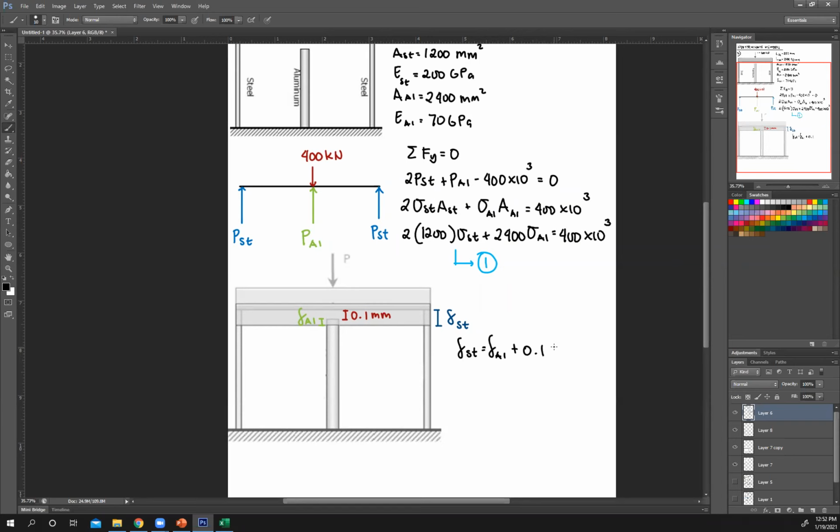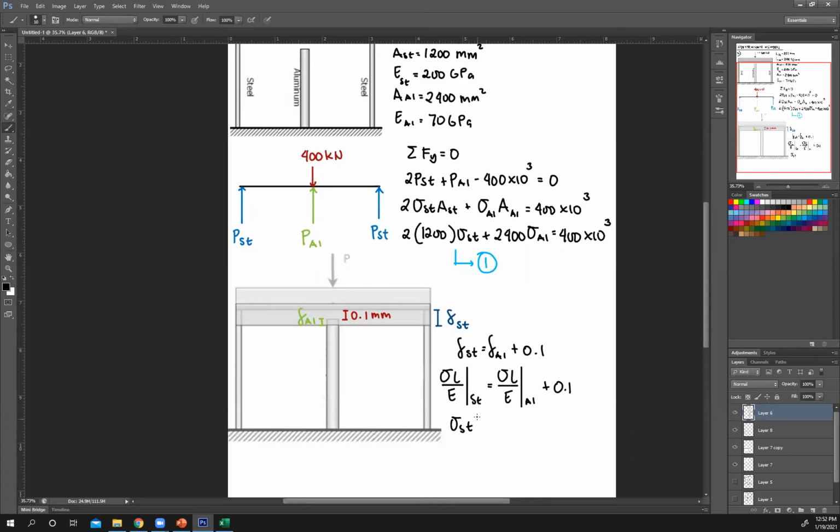Again, we're looking for stress. So deformation of steel is sigma L over E, and this is of steel, equals sigma L over E of aluminum plus 0.1. Then plug in your values.